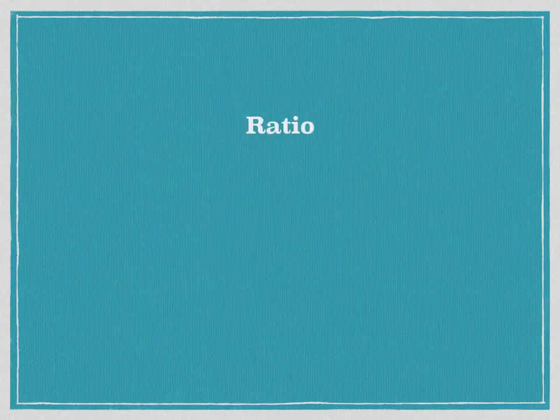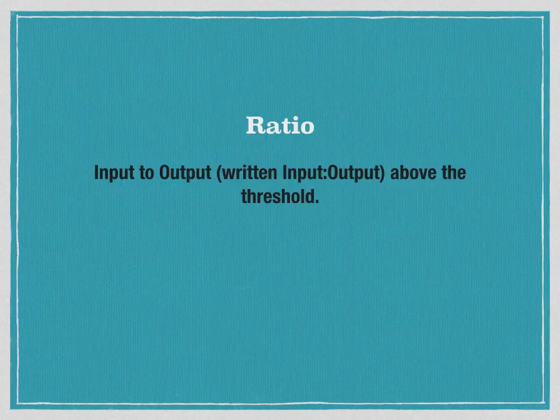Then we look at the ratio. The ratio compares the original input signal above the threshold to the output. Basically, what the ratio in the plugin would do is compare the output after the signal is processed to the input.